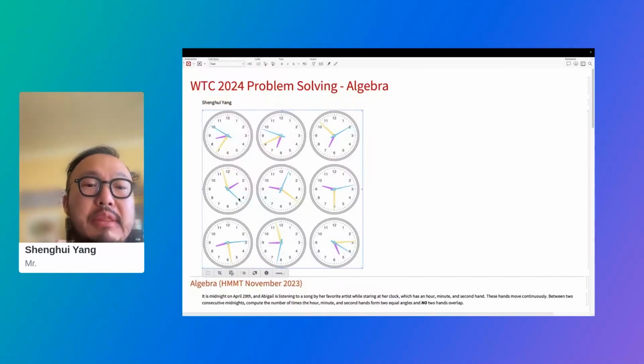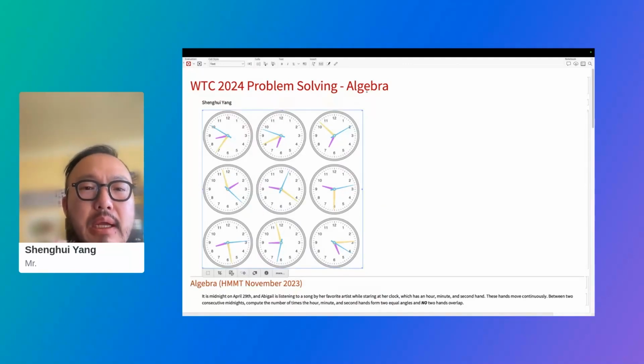We are talking about a mathematical overlap, because in the physical world, the hand has some thickness, so it always overlaps at the same time, but that's not what we consider. We are talking about if you assume all the hands are a perfect straight line with zero width. So how many times do they overlap?